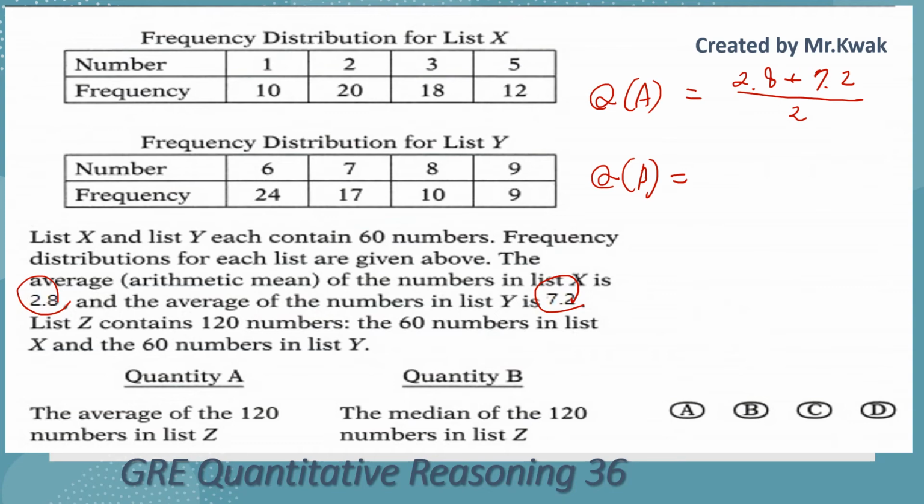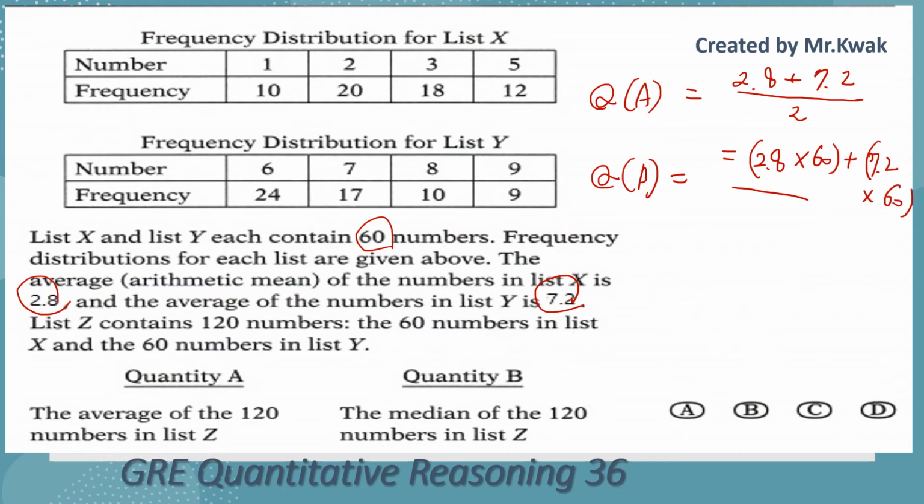So let's think about it. If it is difficult, we can think about it this way. The number of X was 60 numbers, and the average was 2.8. So, 2.8 multiplied by 60 plus the Y's average was 7.2, and the number was 60.